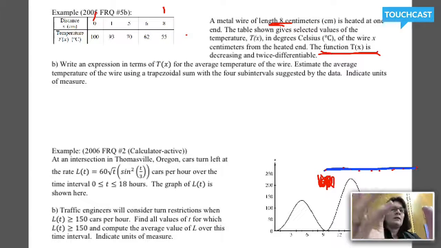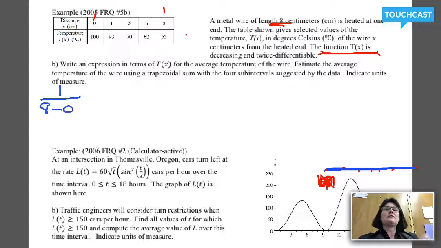So here's the first part of the part B question, which is, can you write an expression using T of x in your expression for average temperature? It's going to be 1 over b minus a, but that's 8 minus 0, times the integral from a to b, so from 0 to 8, of T of x dx.